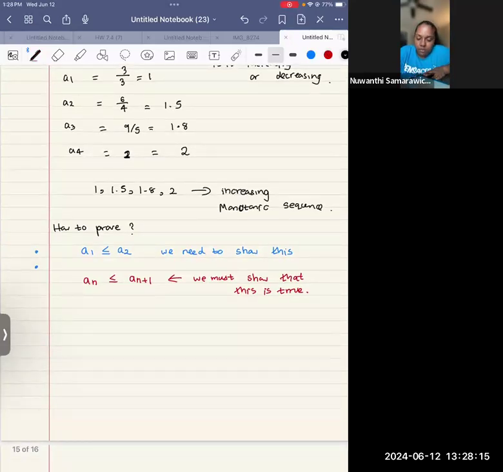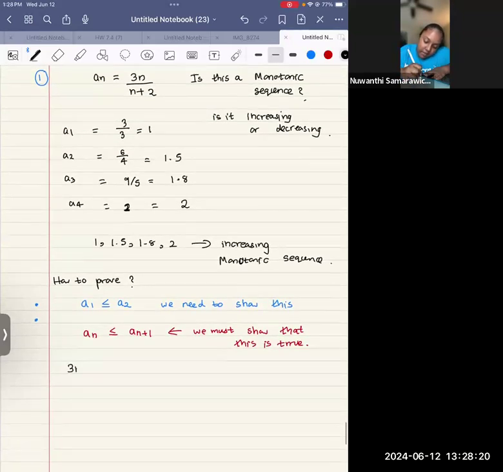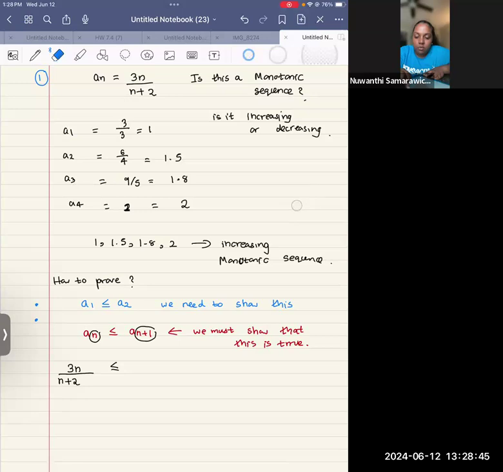So you just substitute what a sub n is. a sub n is 3n over n plus 2. And on the right hand side, instead of n, we replace all the n's by n plus 1, like the functions we did. Remember, if you have f of x and x plus 1 in the function, you replace x with x plus 1, because in sequences each term is a function.